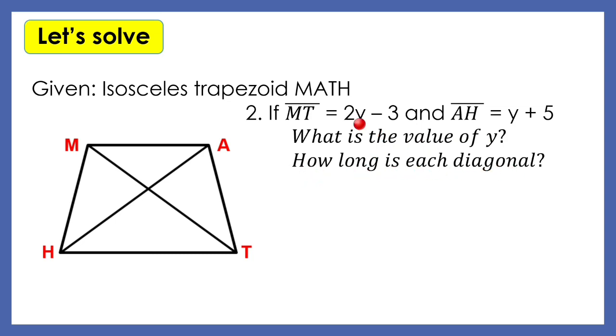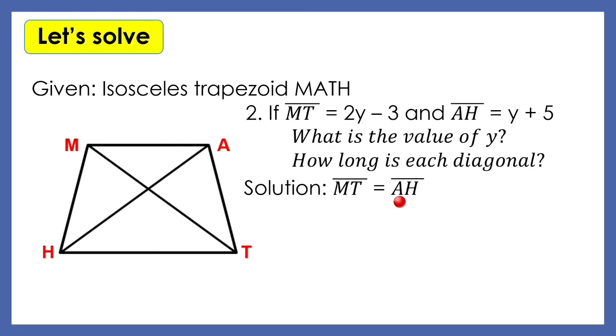So, meron na tayo ditong variable y sa ating given. So, to solve for y, i-apply natin yung theorem. Ang diagonals natin na MT at saka diagonal na AH ay congruent. So, they are equal. Line segment MT is equal to line segment AH.